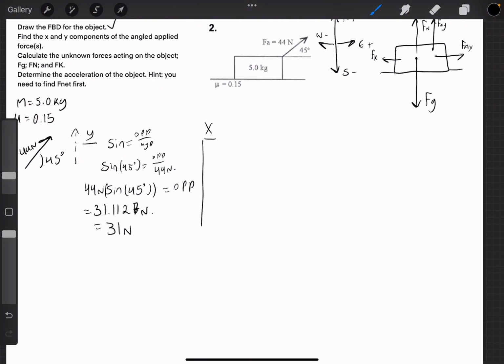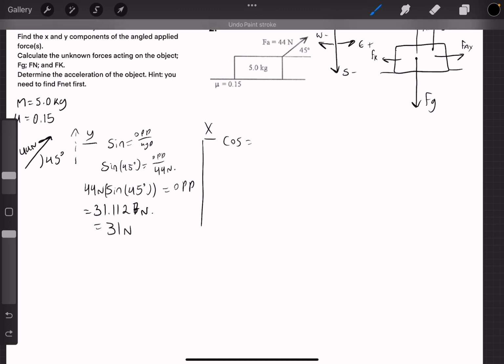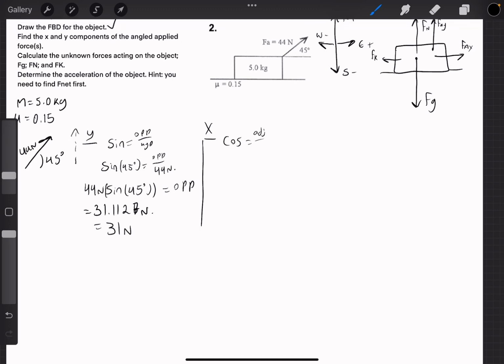Same thing, this time we're going to use cos. Oh, my bad, it should be adjacent over hypotenuse. I'm going to skip the rearranging, and that's going to give us 44 cos 45 degrees equals adjacent.